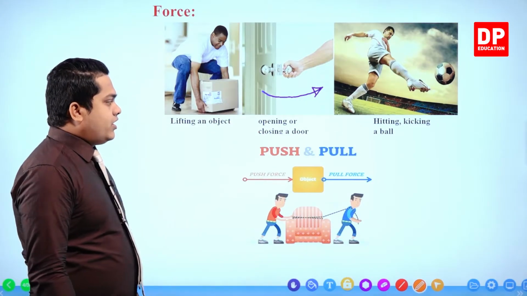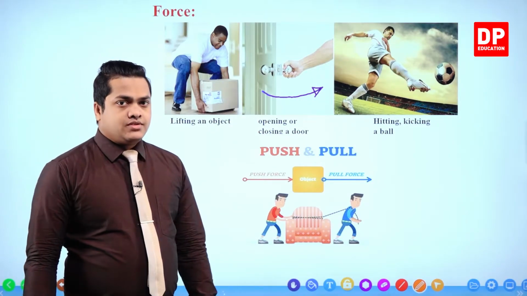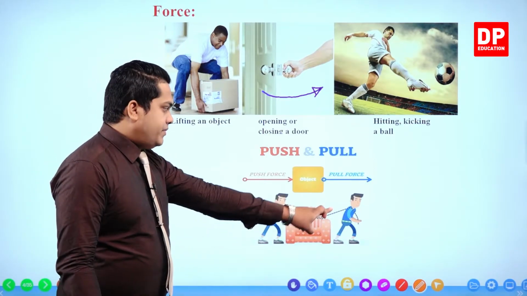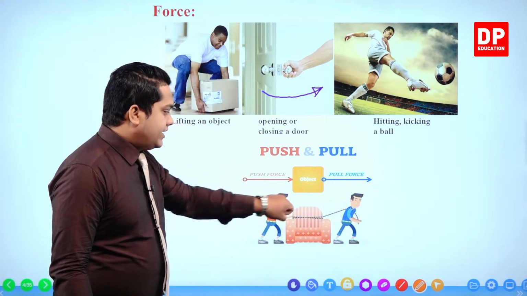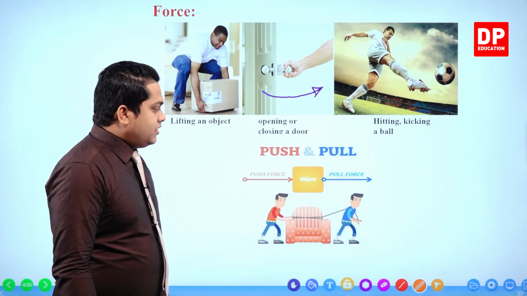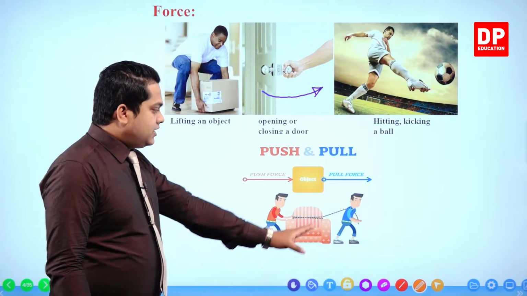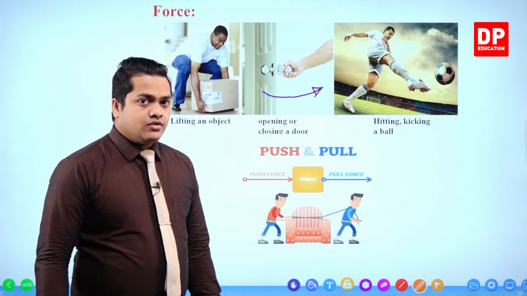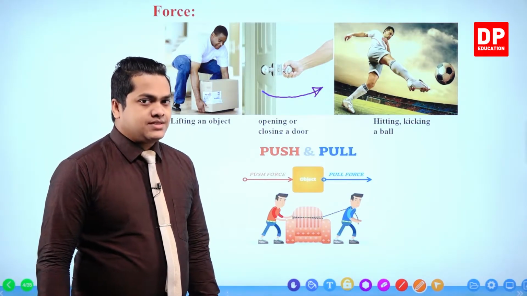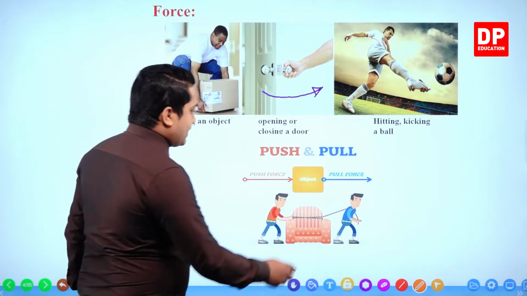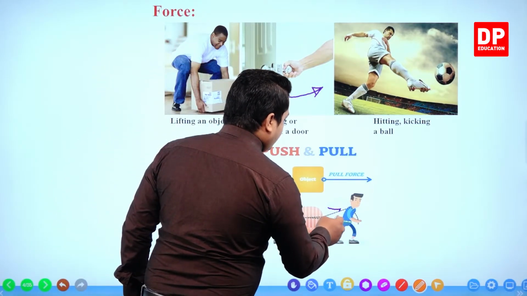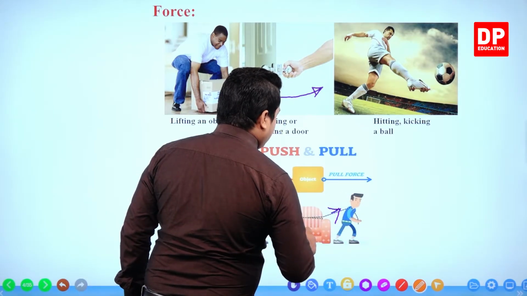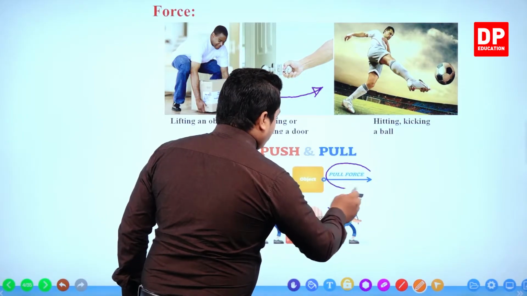Here, you can observe what happens during a push and what happens during a pull. The person is going to tie a rope on the chair here. Now this blue person is grabbing that wire or string towards his side. So here you can clearly observe the force is in this direction where the person is. So this is a pull.